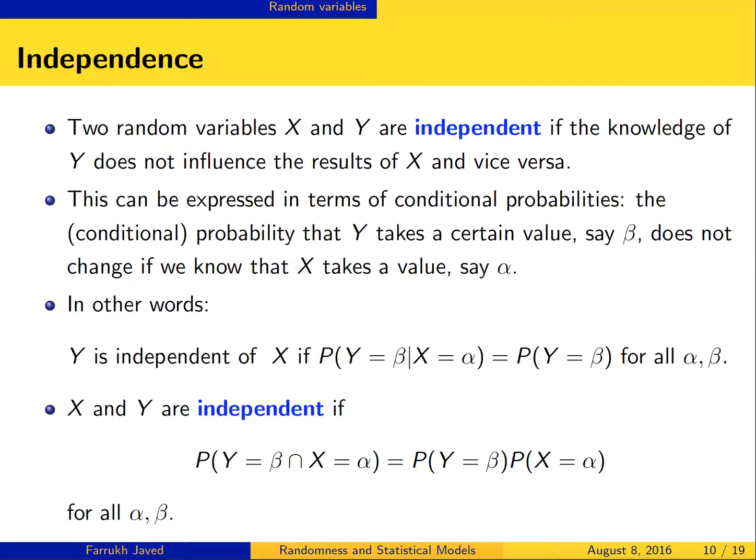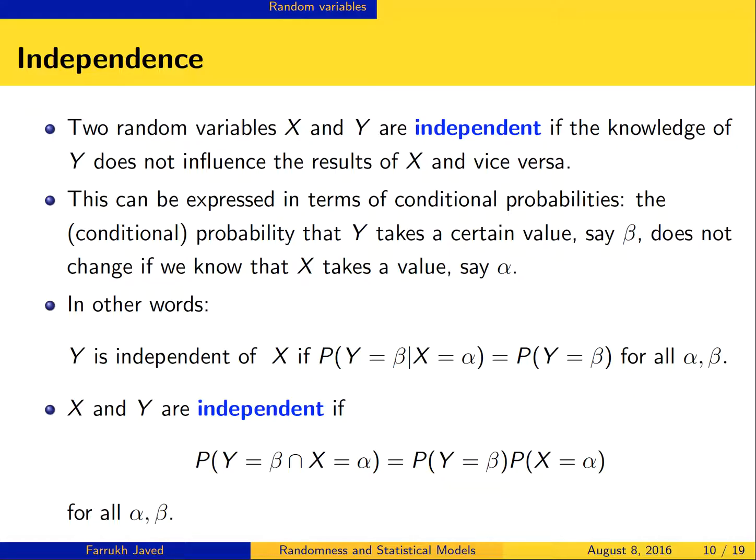Independence is another important phenomenon. Two random variables x and y are independent if knowledge of the y variable does not influence the result of x, and vice versa. Remember the concept of independent and dependent variables from our previous lecture. I said that two variables are dependent when one is influencing the other, or the other is influenced by the previous one, for instance. This can be expressed in terms of conditional probabilities.